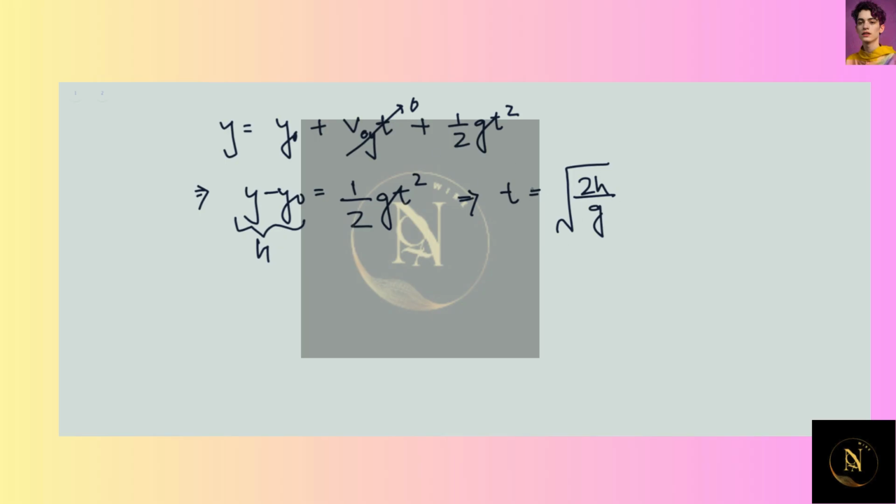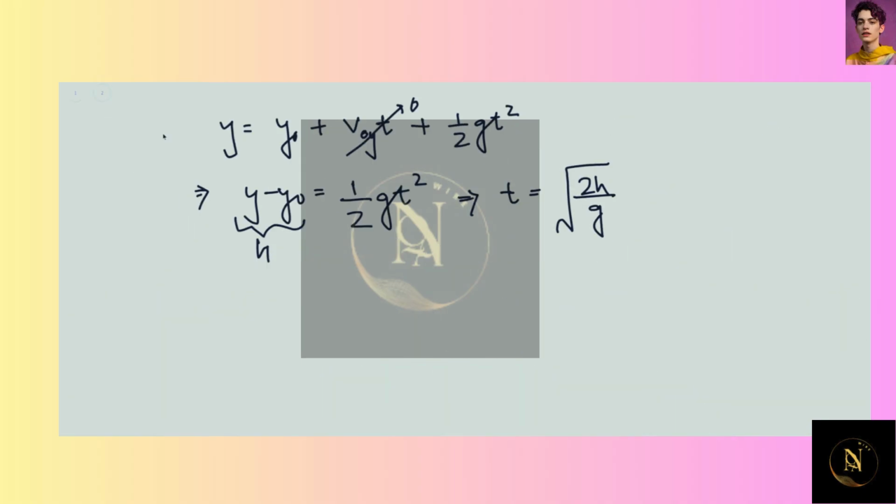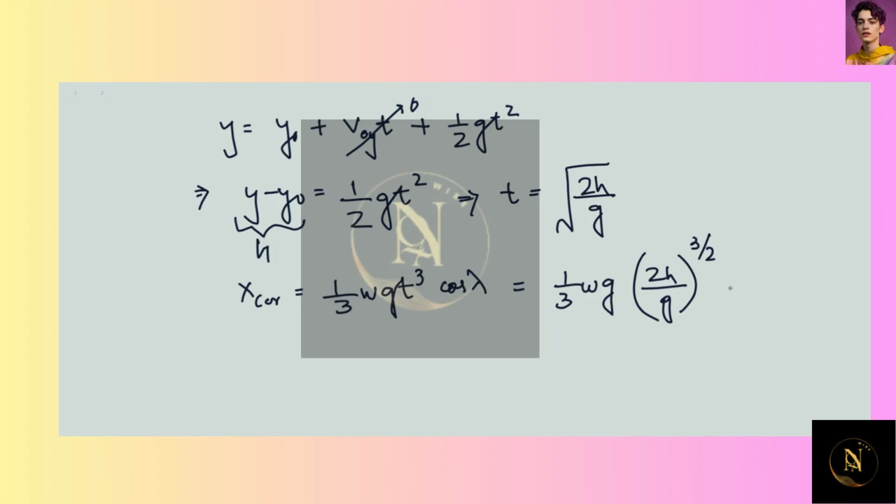Now we will use this expression of time and plug it in here to find the Coriolis deflection. So let me just write that expression again. This is what we got. Now we will use this time in this equation. We can simplify this equation a little bit.